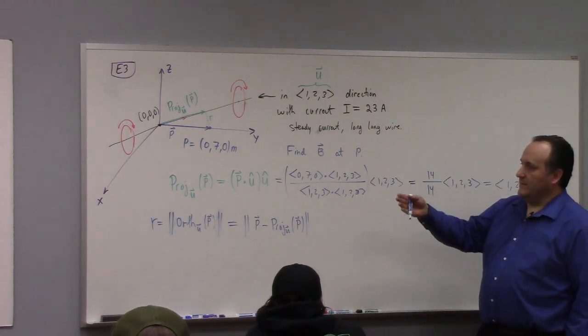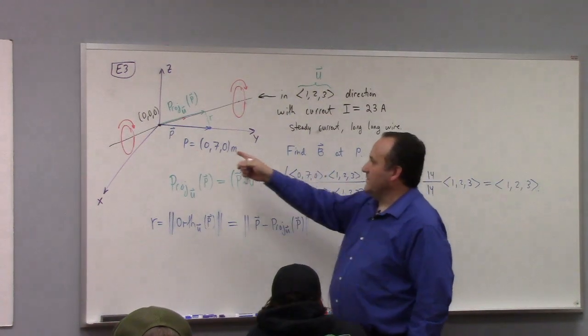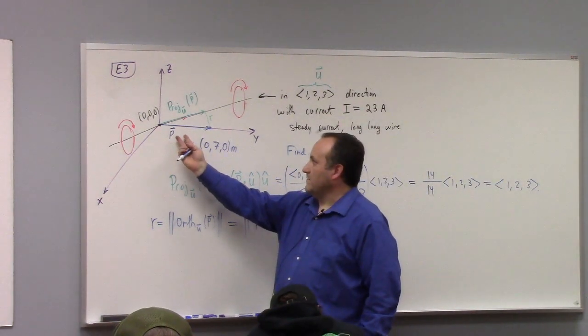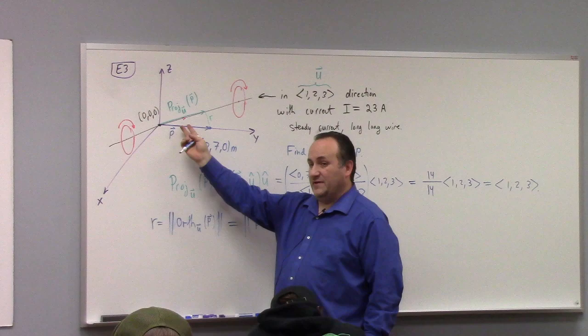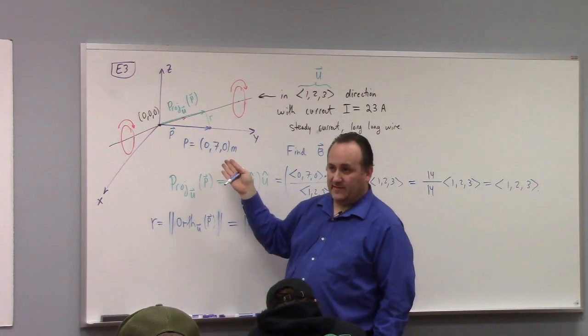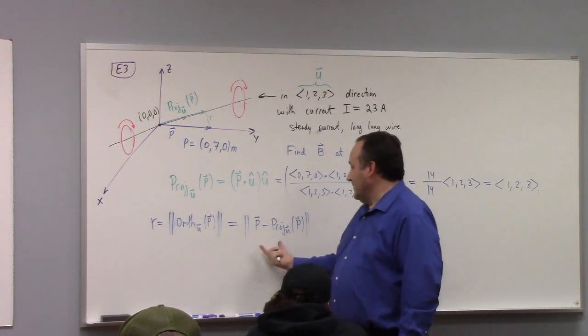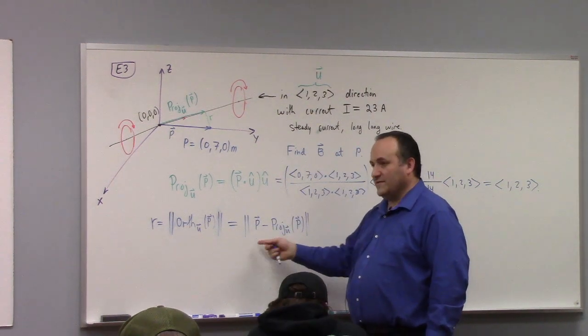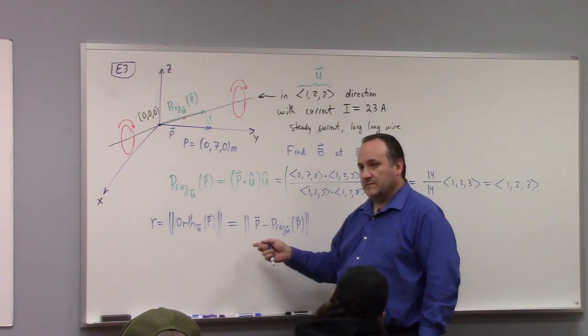You can always decompose a vector as a piece that's parallel to an axis plus a piece which is perpendicular to the axis.